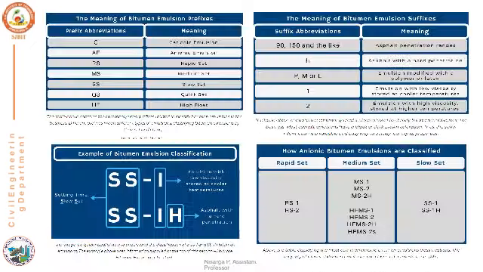etc. This table here represents the nomenclature that is used for various types of bituminous emulsion. So now you can see here the meaning of bituminous emulsion prefixes. Bituminous emulsion is generally represented in this form: SS-1. Here each and every symbol represents a property of the bituminous emulsion.